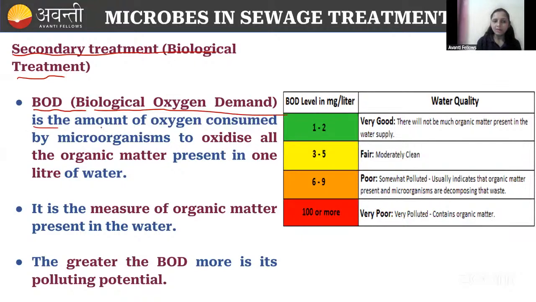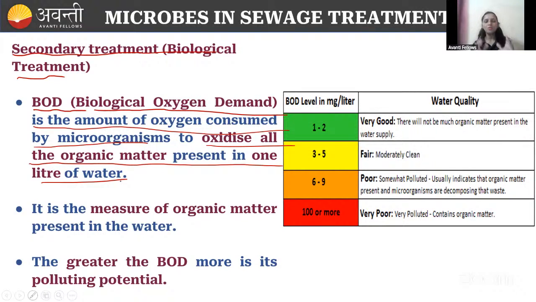It is the amount of oxygen consumed by microorganisms to oxidize all the organic matter present in 1 liter of water. For example, this is 1 liter of water consisting of all the organic material.